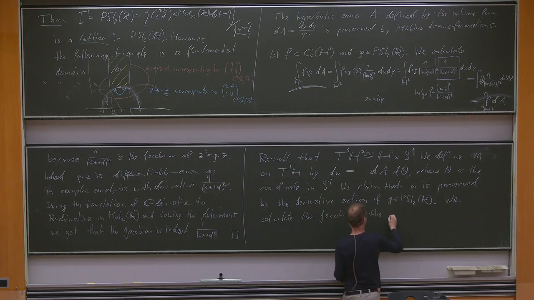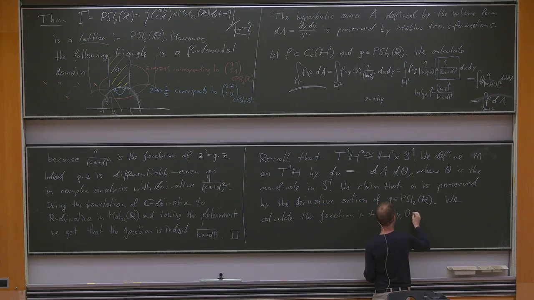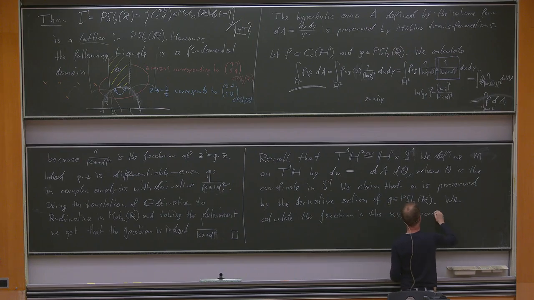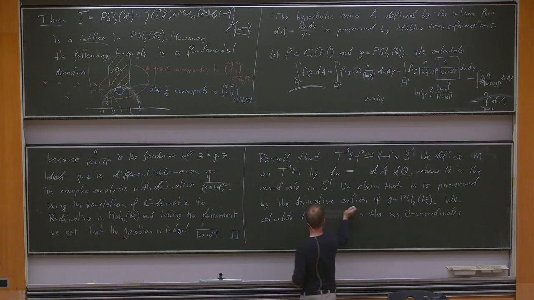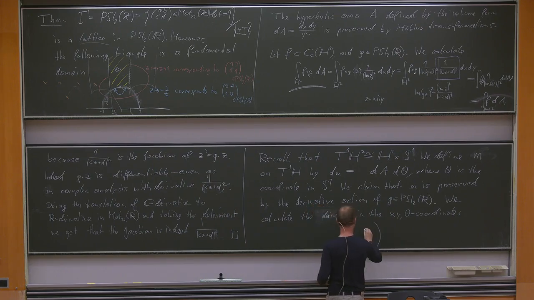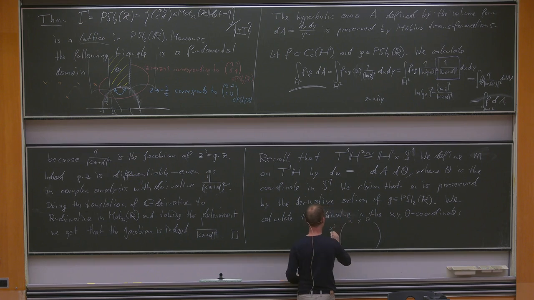In the x, y, theta coordinates, well, really the derivative, the Jacobian, will then come out of it. So here we have an x and a y and a theta, and then we have x prime and y prime and a theta prime.